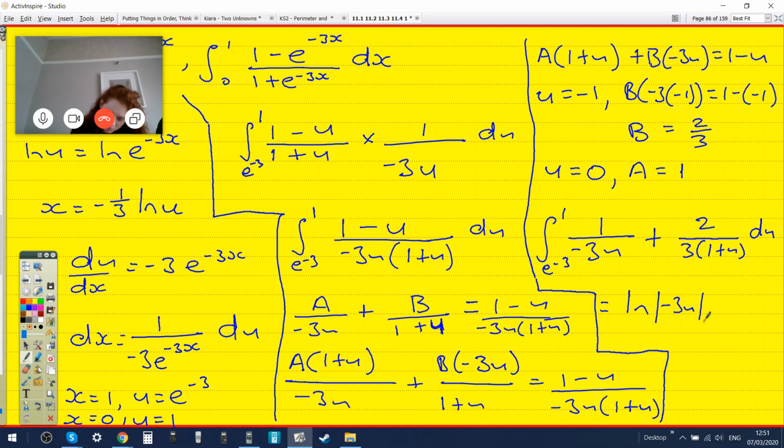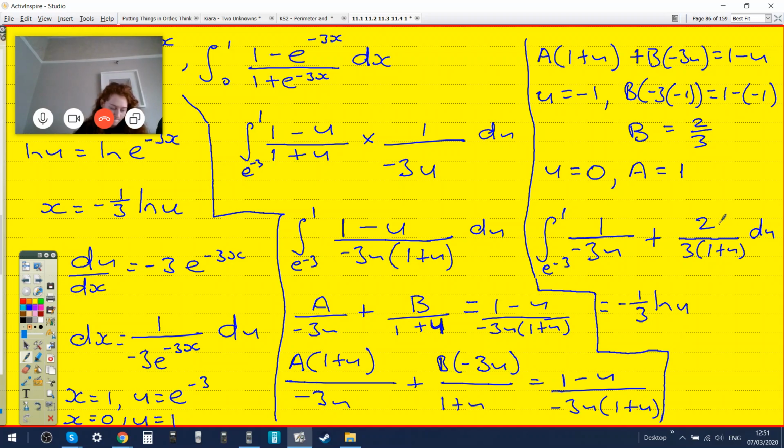It could be -1/3. Is that the same thing? That is the same as -1/3 times 1/u. It might be the same thing if we work it all out. So just to be safe, I'm just going to write that as -1/3 ln u. Okay, yeah.